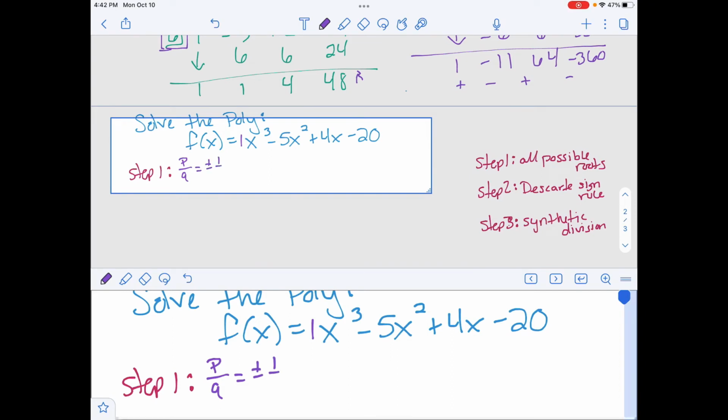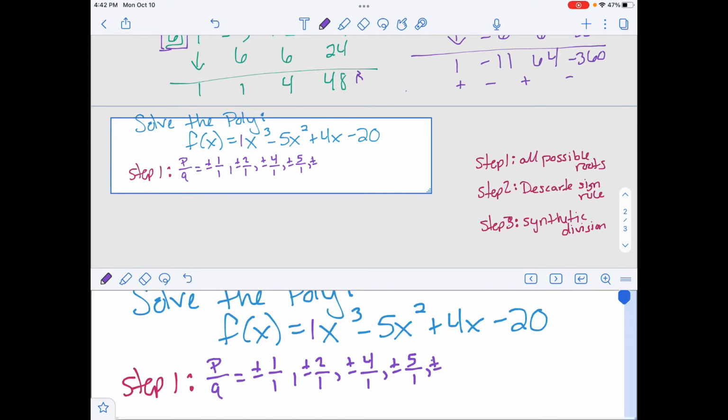We have plus and minus 1 over 1, plus and minus 2 over 1, my fault. Got ahead of myself. Plus or minus 3, 4 over 1. And plus or minus 5 over 1.